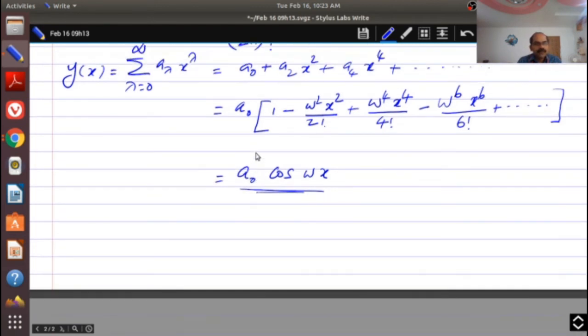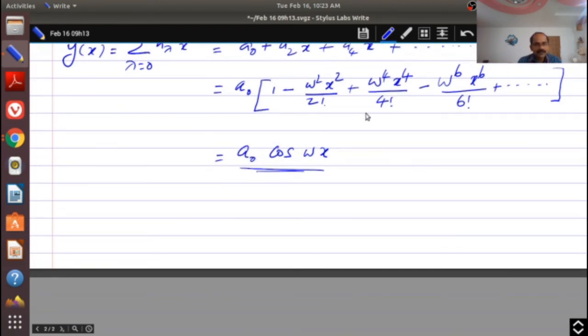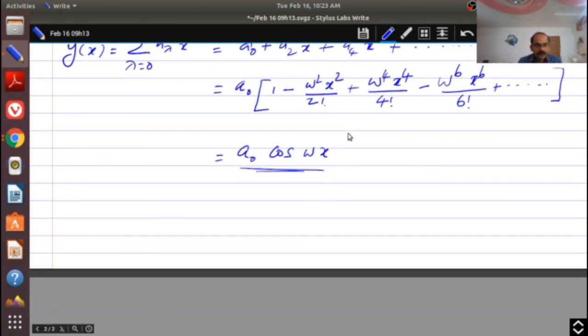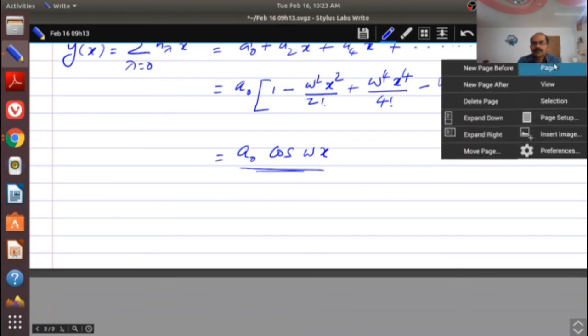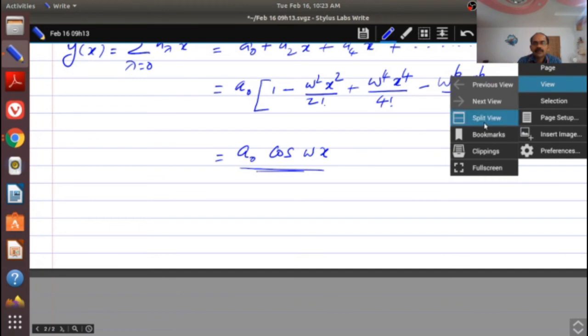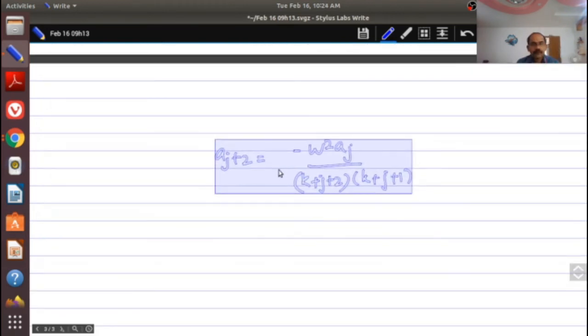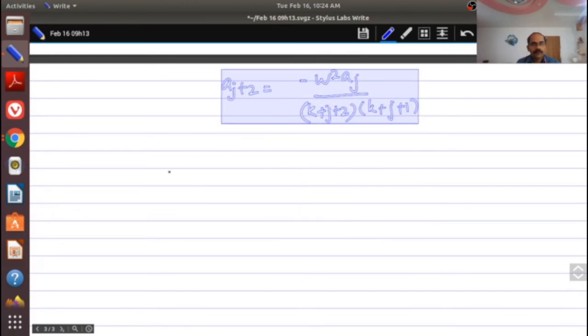And what about the second solution? Second solution, again we have to put k equal to 1 here. So let me put another page. We will put this equation again back and we use the case 2.